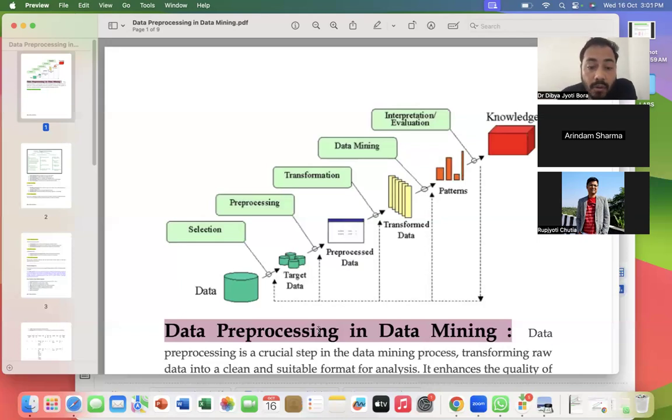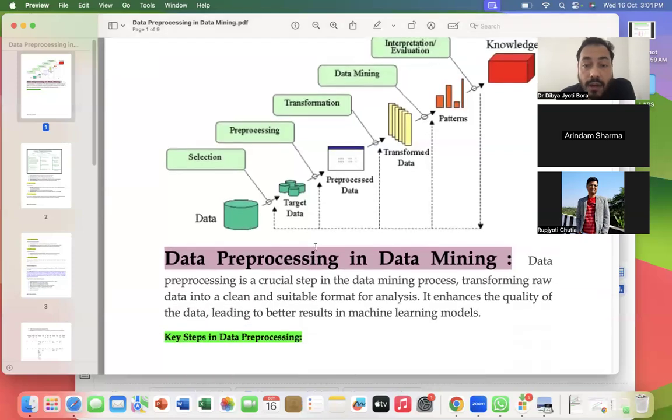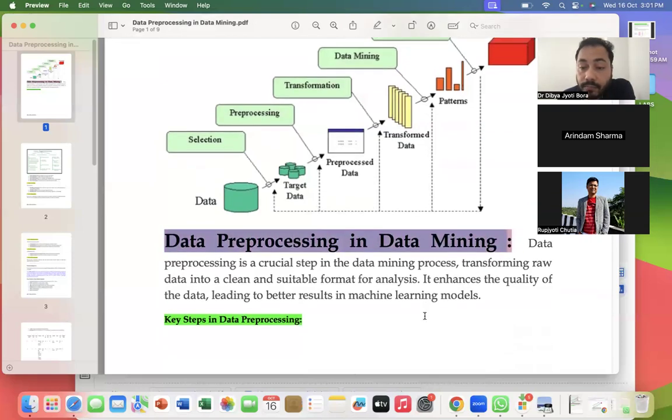Okay. So now we will focus on this very important stage that is known as data pre-processing. I already told you that if you apply the algorithm directly on the raw data, then yes, the algorithm may work, but the accuracy may not be good. Okay. So for that, we have to pre-process the data.